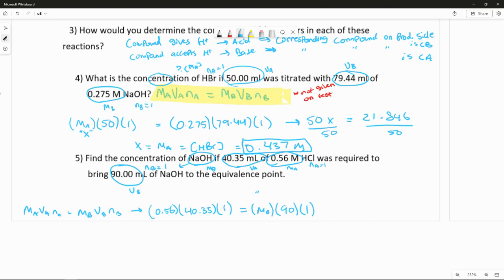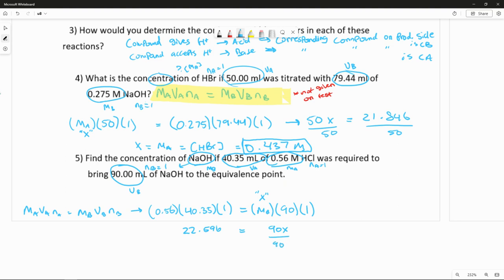We're looking at Mb as X this time, so we're just going to term that X, and then we have 90X equals, and then if you do 0.56 times 40.35, you're going to get 22.596.